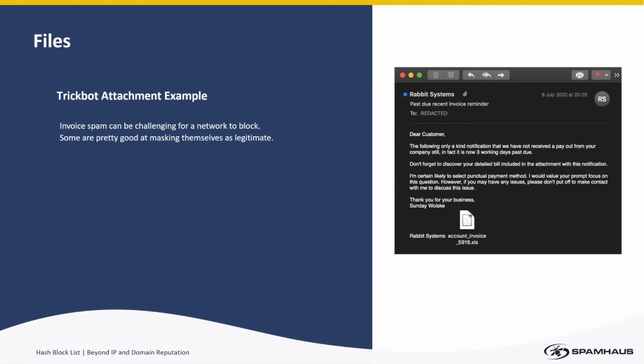So it's important that these types of things are identified and blocked as soon as they can possibly be blocked. With all of that, we're going to take another technical dive, and we're going to listen to Skull about some of the things that we've done and how we thought about providing these files into our hash block list.